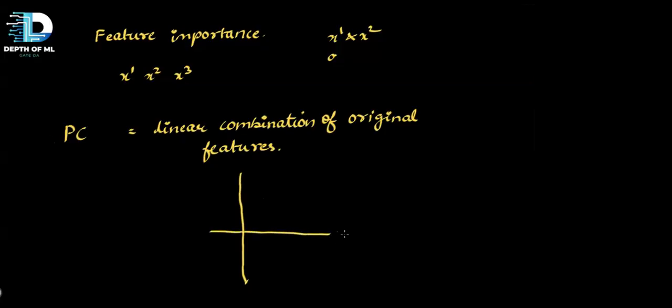Suppose these were my original dimensions or original features. Now you took some eigenvector here. This eigenvector is a linear combination of these two dimensions. Suppose this is 2, 2. This eigenvector is the 2, 2 vector.